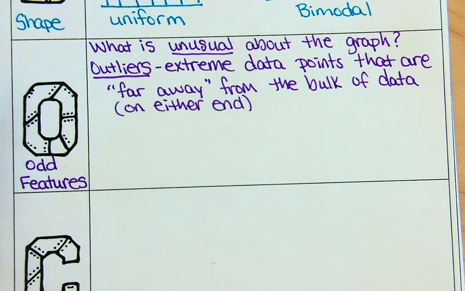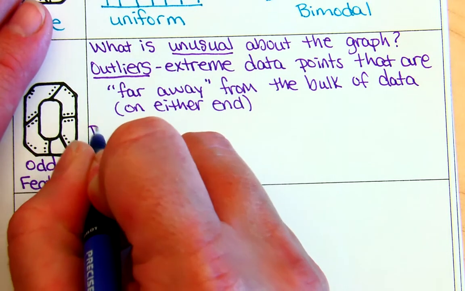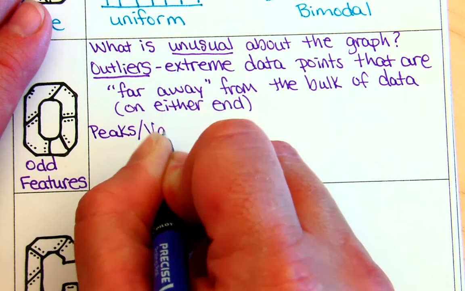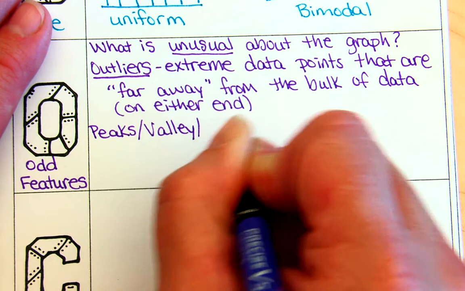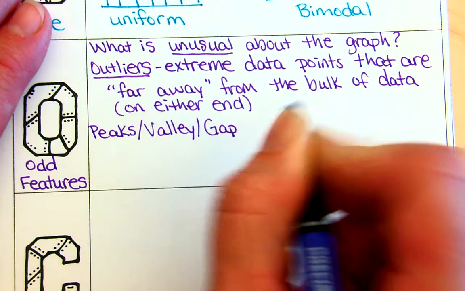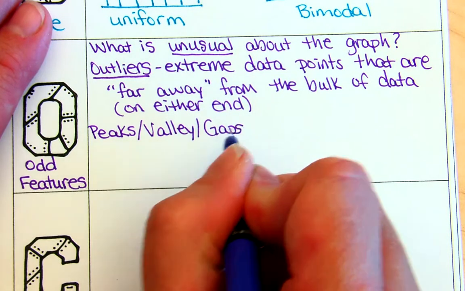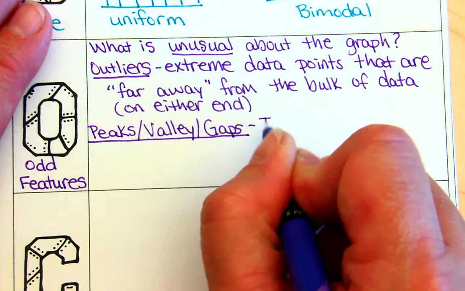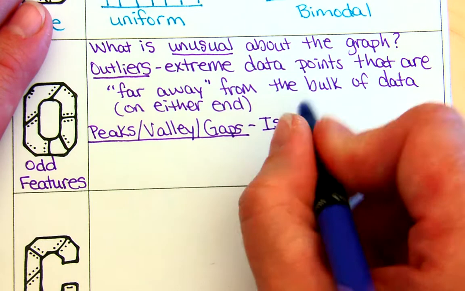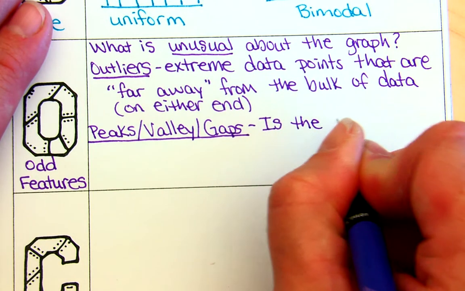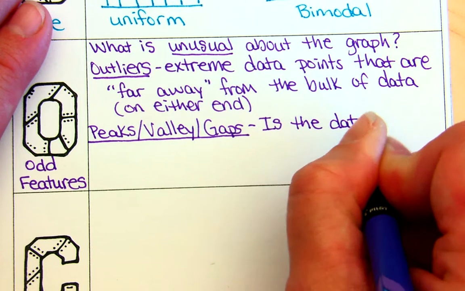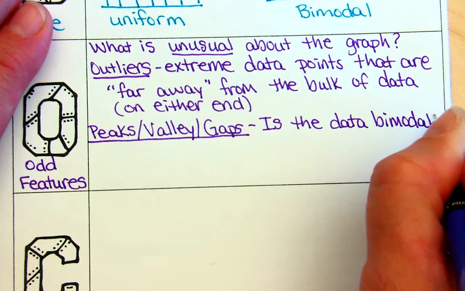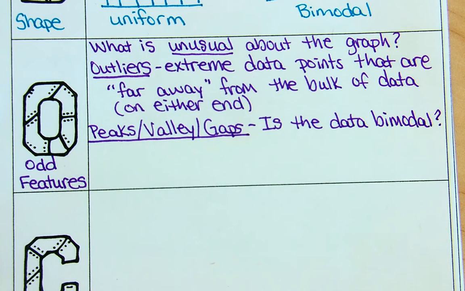The other thing that we'll look for is, is there a peak or a valley or a gap? So in other words, is the data bimodal? So again, that's unusual.